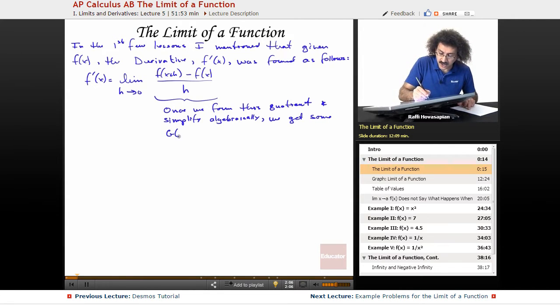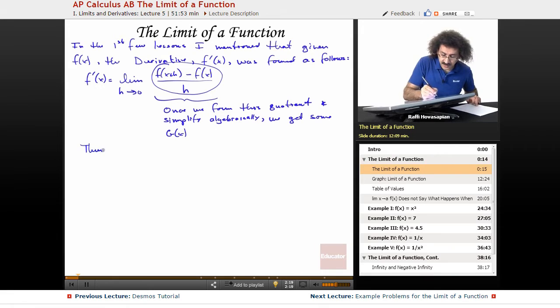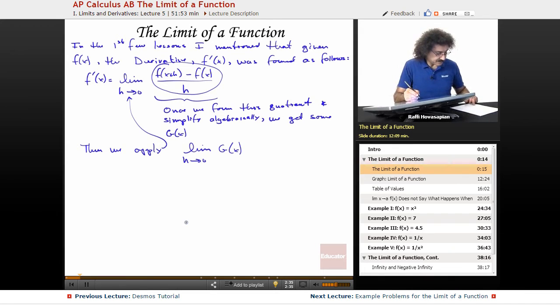Let's call it g of x. Then we take the limit. So we end up taking the limit as h goes to 0 of some g of x.